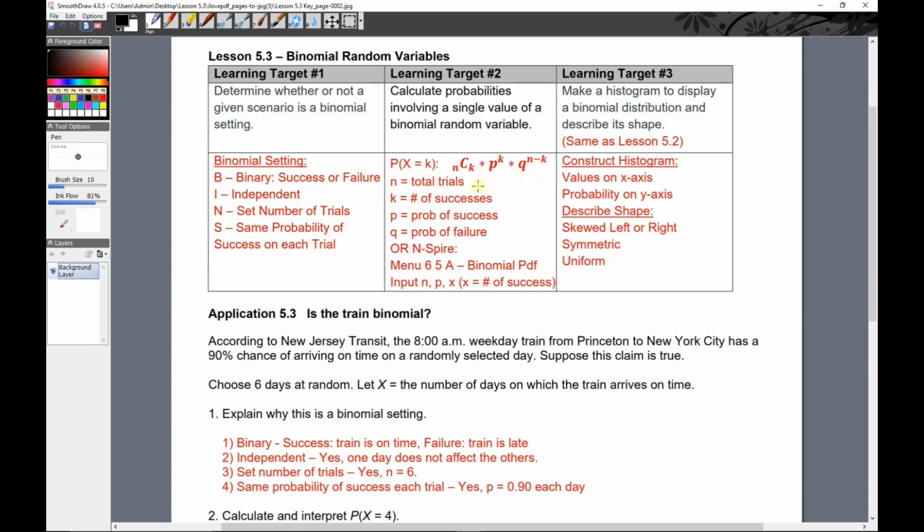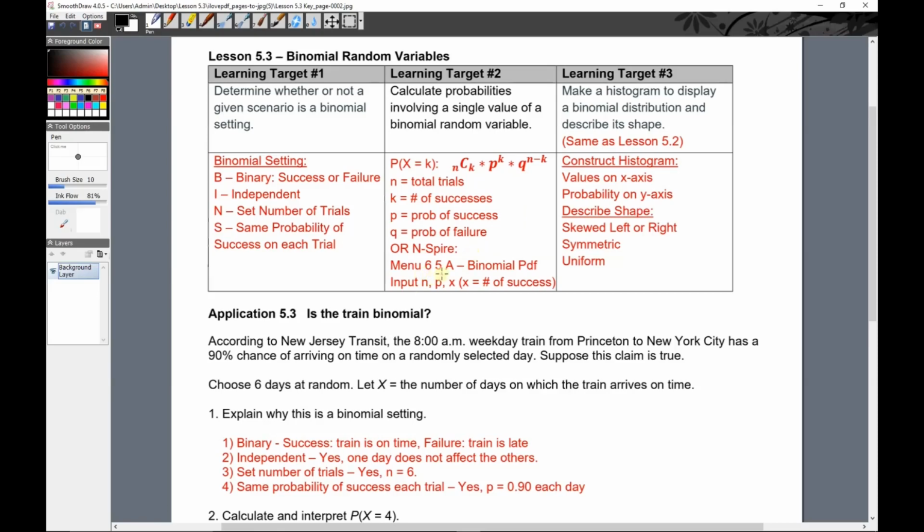So n is the total number of trials, k is the number of successes, p is the probability of success, and q is the probability of failure. Q is going to be equal to 1 minus p. So remember p was 0.2 in the previous example, and the q was 0.8. Those two things have to add up to 1, p and q. Or you can do the Nspire, which we showed on the front.